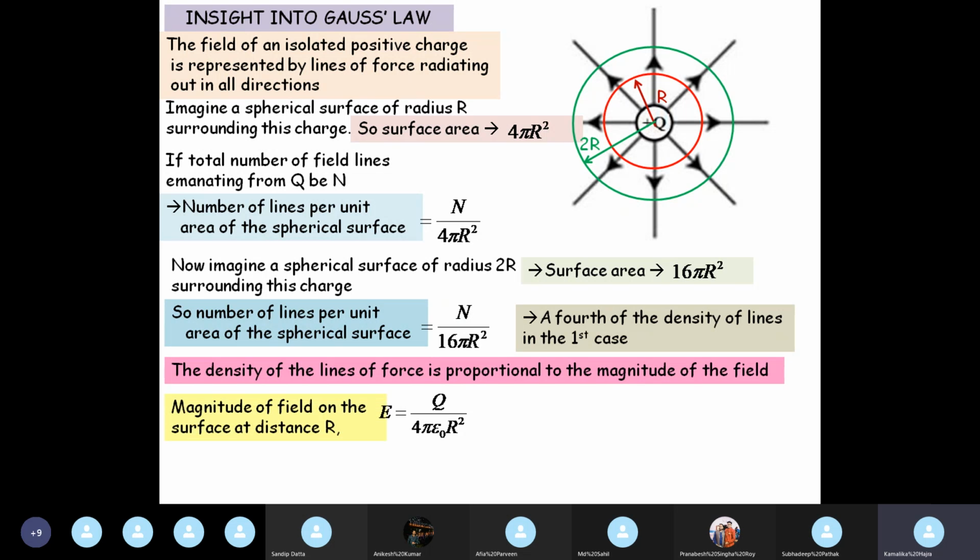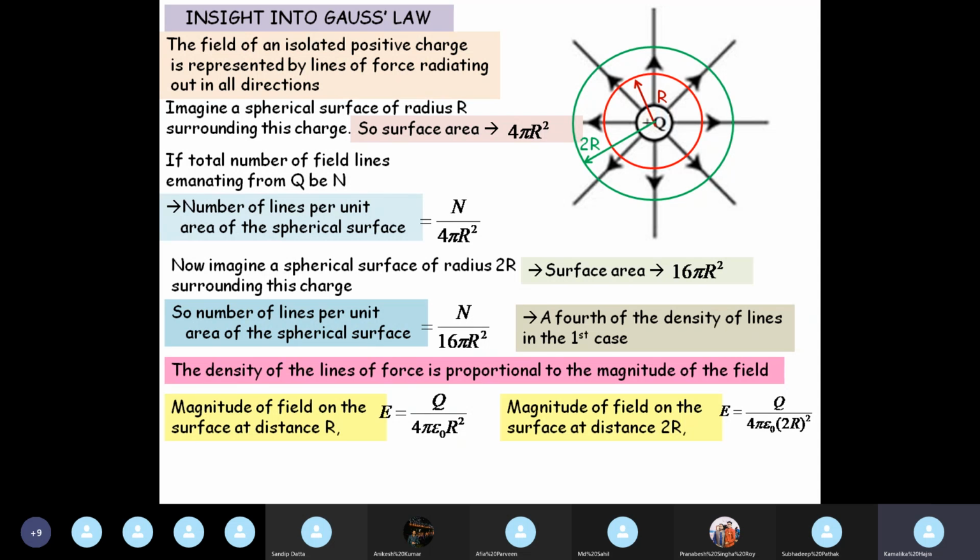However, if you calculate the magnitude of the field from the charge Q at a distance r, it is Q by 4 pi epsilon naught R square, and at a distance twice r it is Q by 4 pi epsilon naught 2r whole square.